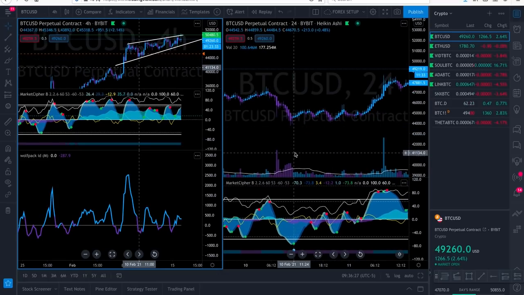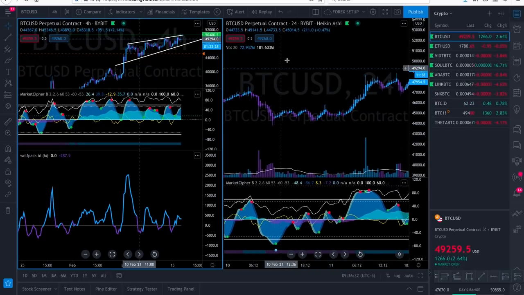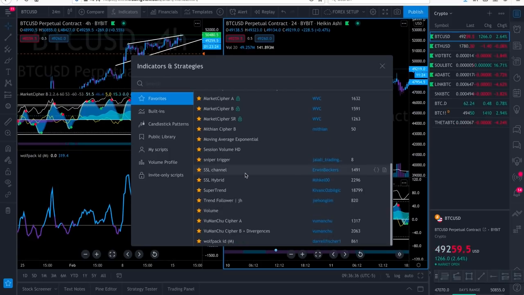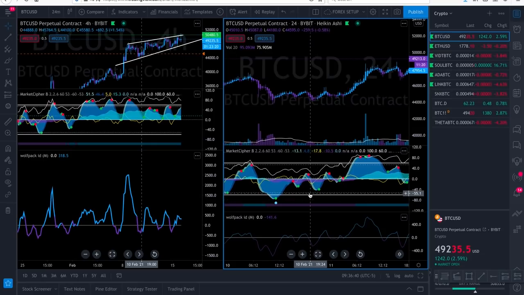What I'm looking for now is basically the same thing, but on the 24-minute chart. Let me pull up the Wolfpack ID indicator here. I am now looking for a trigger wave on the 24-minute.